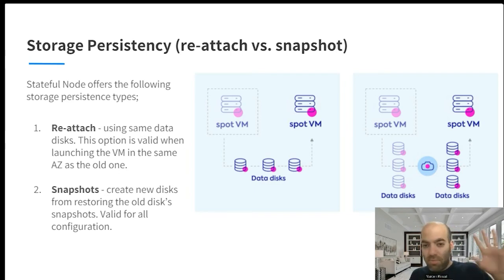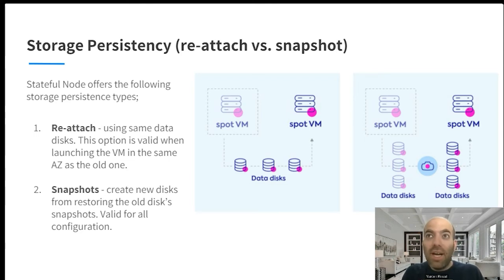You can use the same data volumes when you replace the spot VM whenever you want. And you can configure multiple availability zones, but in that specific use case, you'll need the snapshot mechanism that creates new volumes out of the source snapshots.